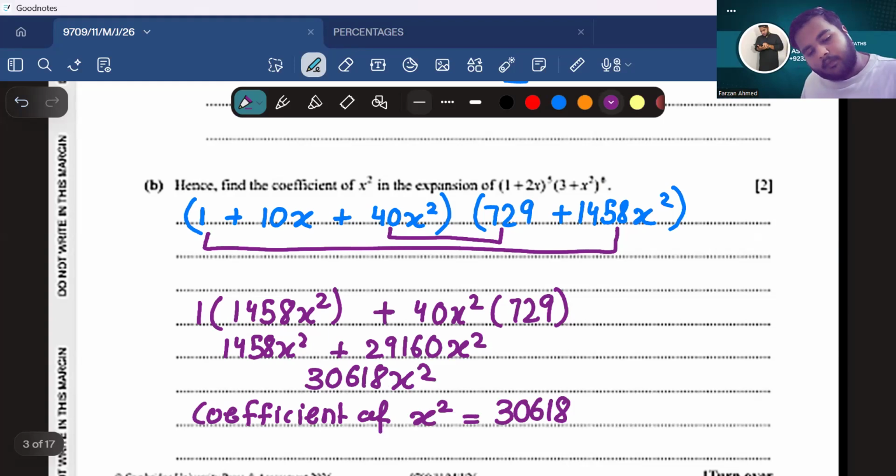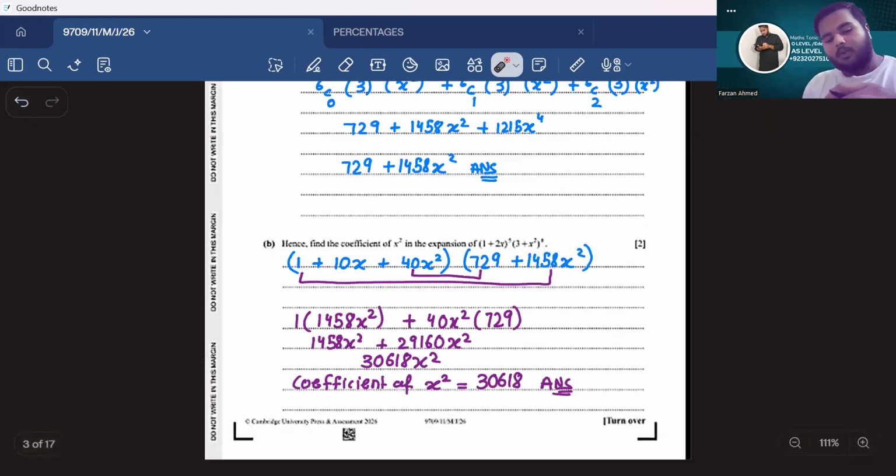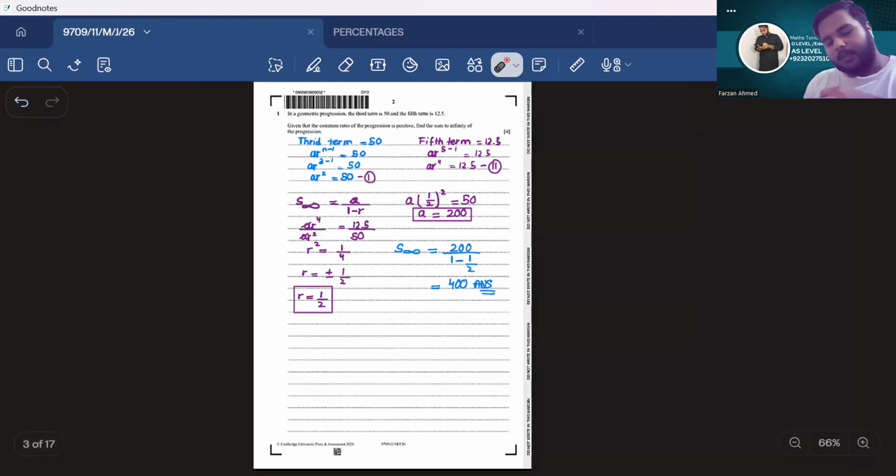So we got 30618 as the coefficient of x square. This is our final answer because it is the coefficient of x square. I hope you got how I have done question number one and two. Thank you very much. Allah Hafiz.